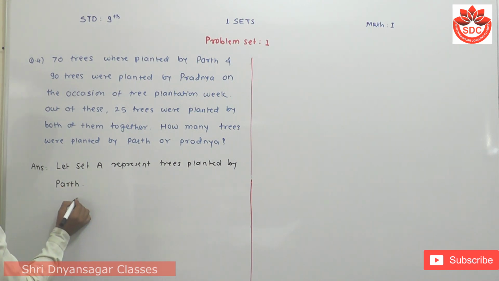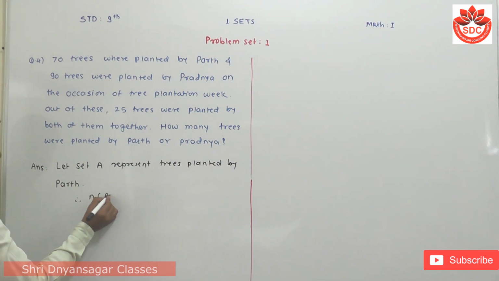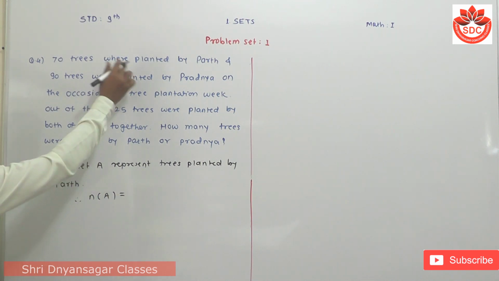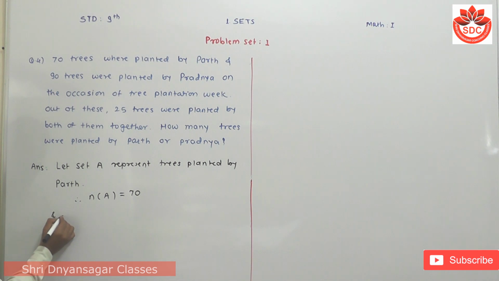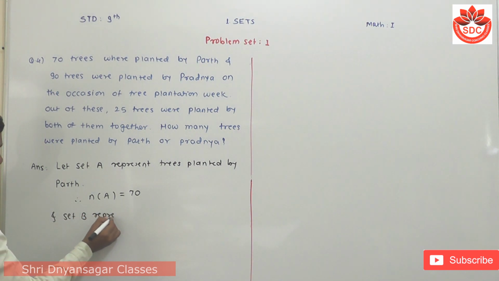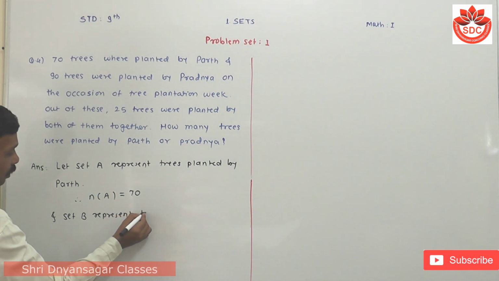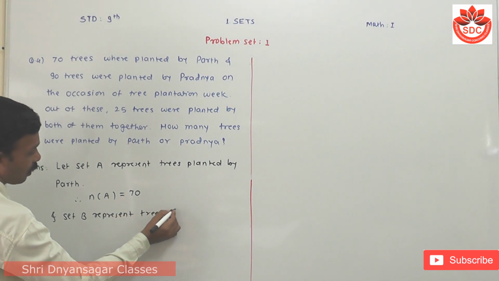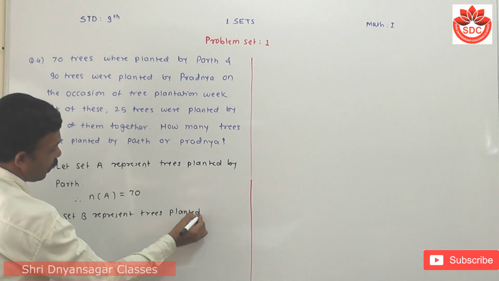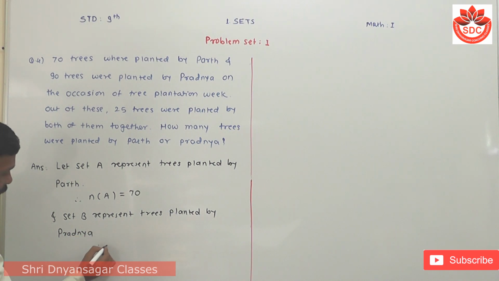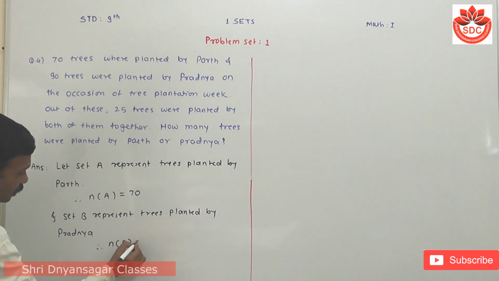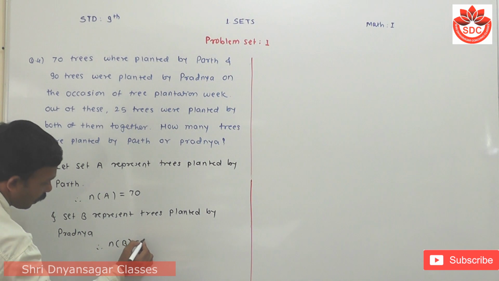Therefore, n of A is equal to the trees planted by Parth, which is 70, and set B represents trees planted by Pratnya. Therefore, n of B is equal to how much? 90.